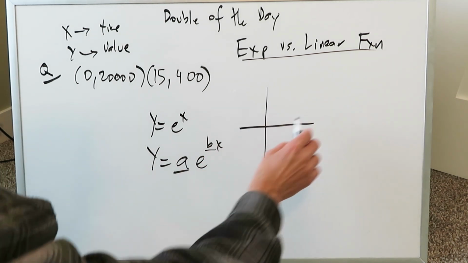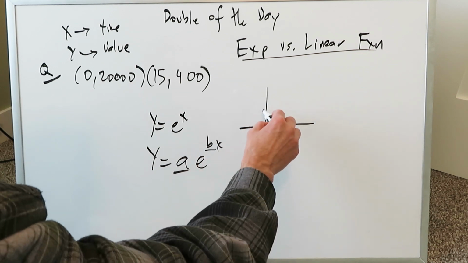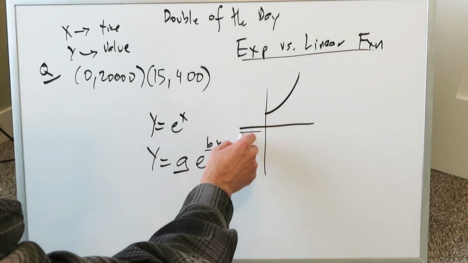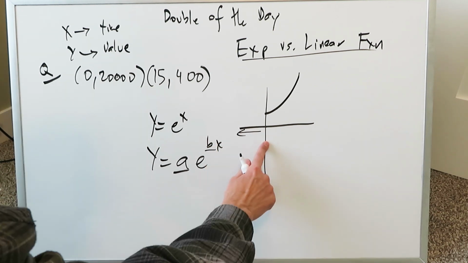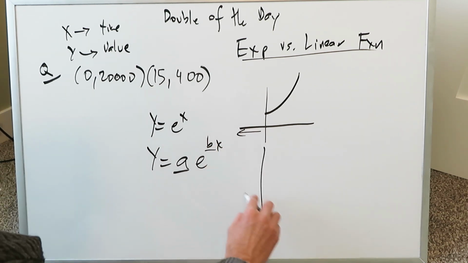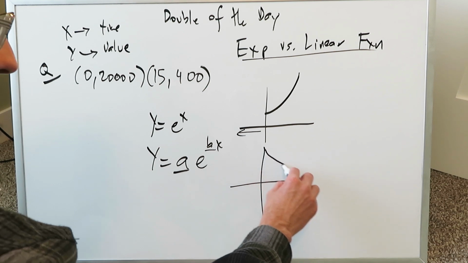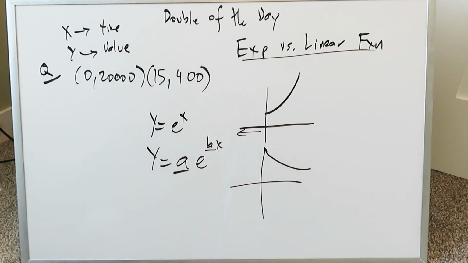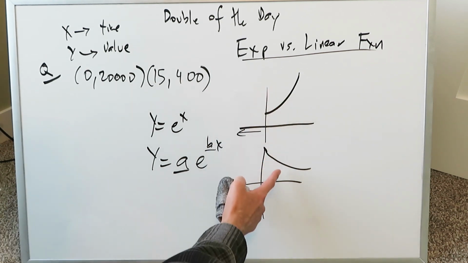If you have a positive value over here, you're looking at something which looks like that. I'm not going into the negative x-axis values because time cannot be negative. However, if the exponent is negative, you can have something coming like this, a downward sloping exponential curve. It depends on how the equation formulates. You can either see this or you can see this.